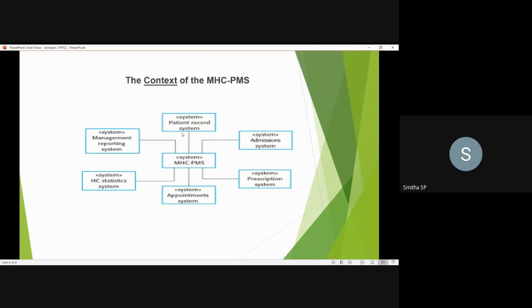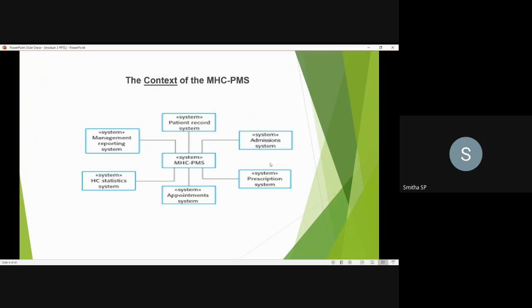Which systems is it connected to? It is connected to an appointment system, a management reporting system, the patient record system, admission system, and prescription system, and also to the hospital bed collection statistics system, with which it shares data.